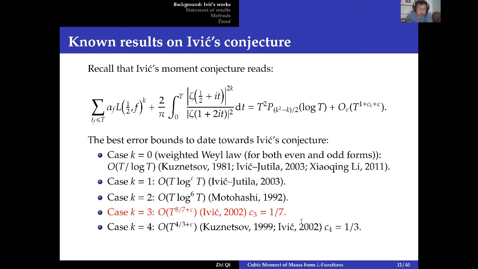Okay, anyway, so let's go. For k greater or equal to 5, this is still wide open. But there are upper bounds in some other cases, for example, usually for holomorphic cases with levels and weights, due to Kira-Young and Blomer-Khan and Khan.